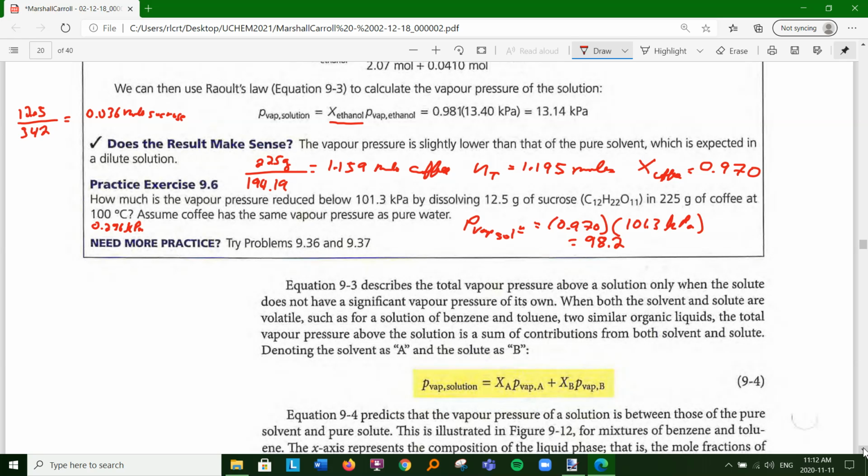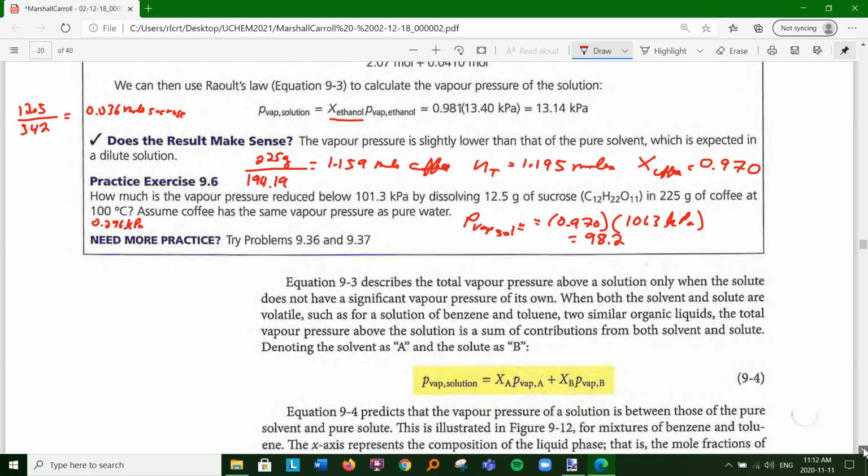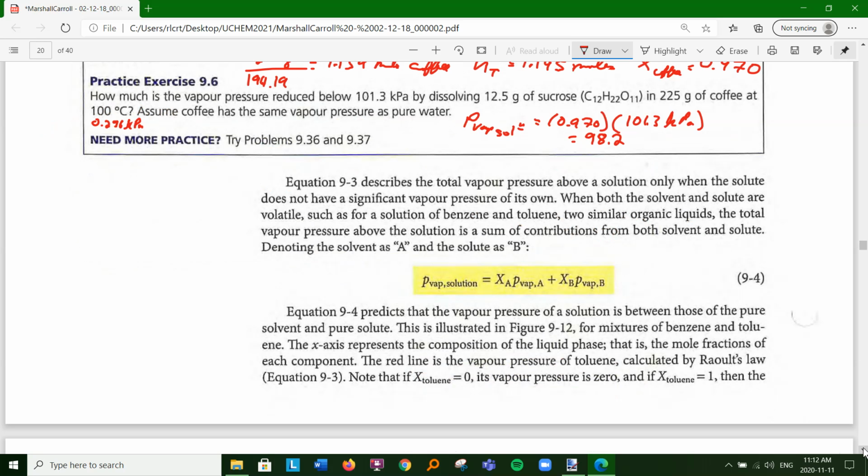In cases where both the solvent and solutes are volatile, like benzene and toluene, those are petroleum distillates, those will have a smell like gasoline. The total vapor pressure above the solution is the sum of the contributions from both the solvent and the solute. So both have a role in that.